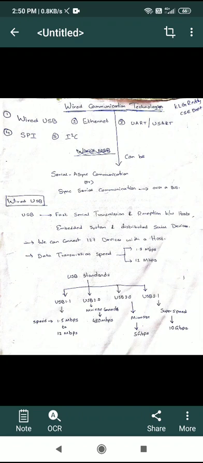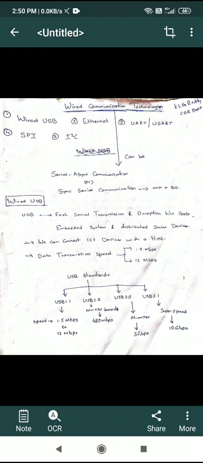Coming to the data transmission speed of wired USB, it varies based on the different standards of USB. Generally the lowest speed is 1.5 Mbps and up to 12 Mbps, but that is for the basic standard. We have different standards: USB 1.1, 2.0, 3.0 and 3.1.